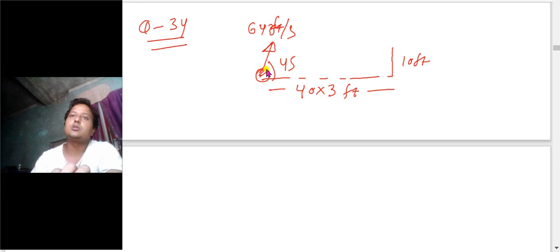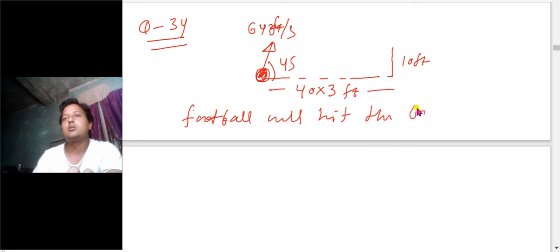We have to find whether the football will hit the goal post or not. This is our question.